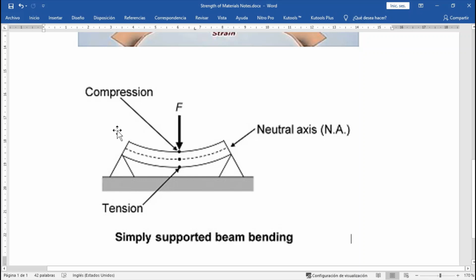As you can see, this can be straight, and it curves it like this. So we have a downward force that curves it. On this side of the beam, we have compression because there are like microscopical pushing forces on that side of the beam. And on the other side, we have tension because the surface and part of the internal structure stretches, right?